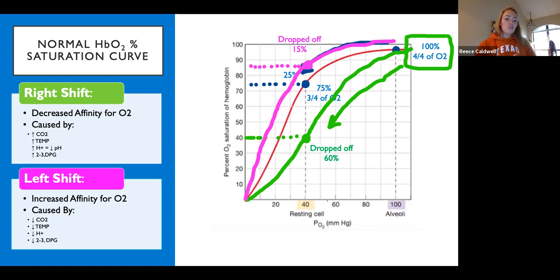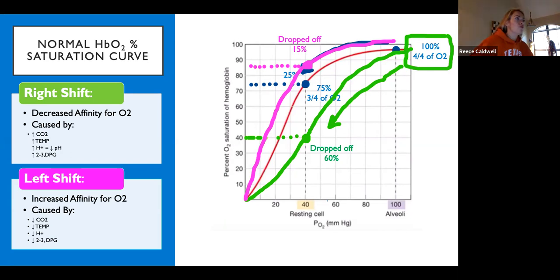And then lastly, 2,3-DPG. We haven't hit it yet in lecture, and we will probably tomorrow or on Tuesday. But the basis is that it's a marker for anaerobic glycolysis.